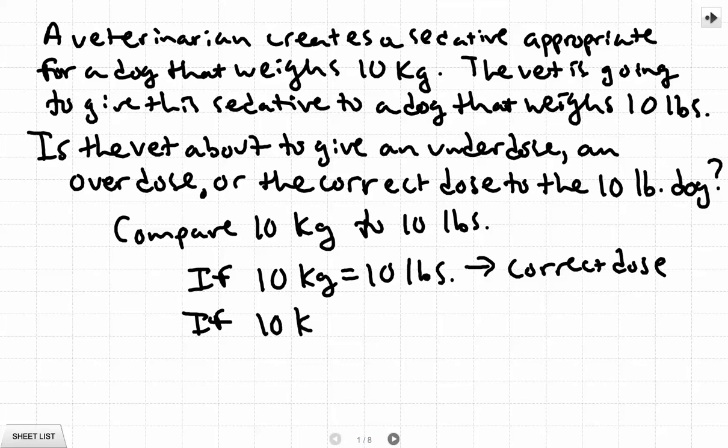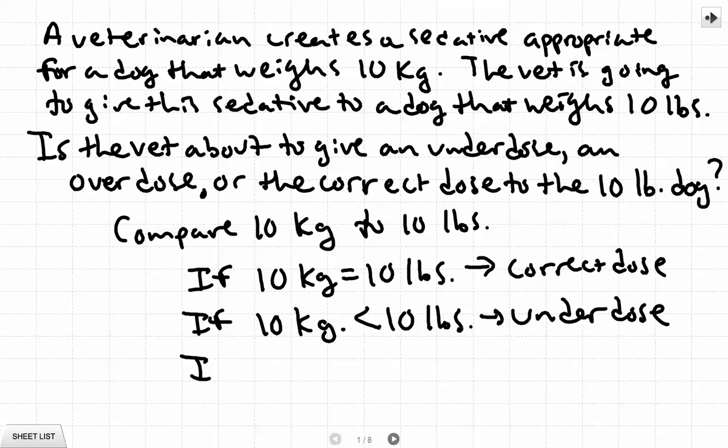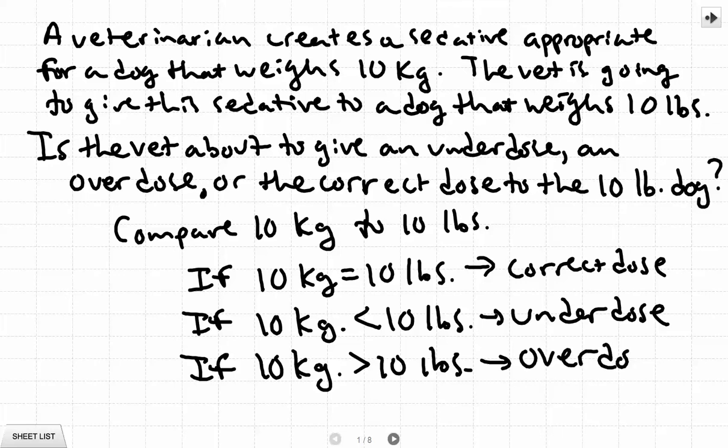If 10 kilograms is less than 10 pounds, meaning the vet would be giving the dog less than what the dog would need, then that would be an underdose. And lastly, if 10 kilograms is greater than 10 pounds, meaning the amount of the sedative is more than what the dog would need, then that is going to end up being an overdose.